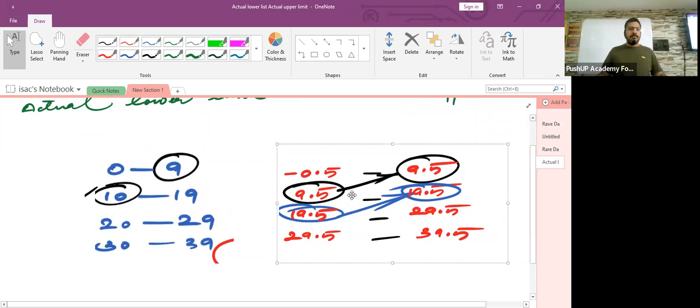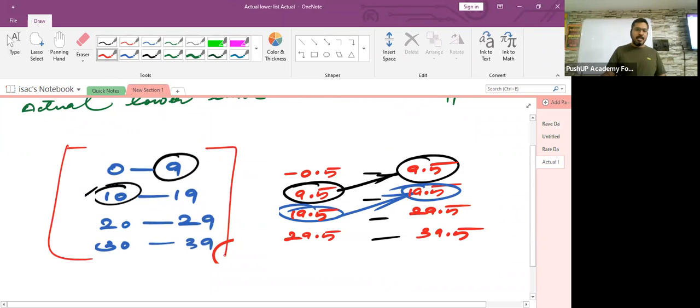Now listen, this was the class interval given to you, the discontinuous one. So 0 to 9, 10 to 19 and all.